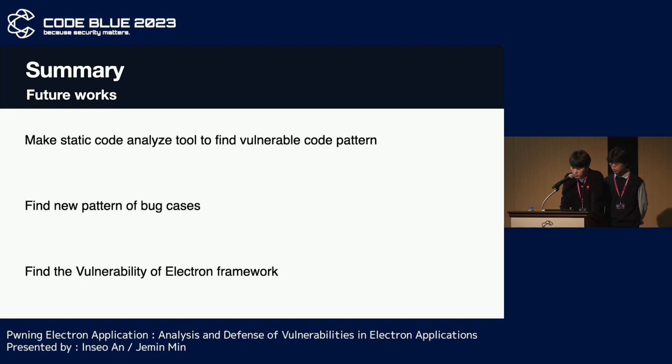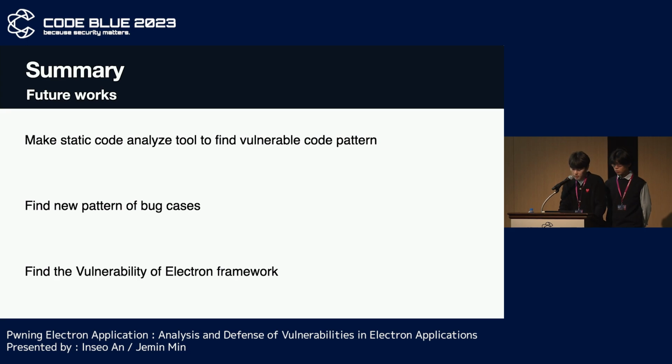I brought some themes for those who plan to work on an Electron themed project. First is a static code analyzer, based on the fact that the source code of Electron apps is white box. It may not be easy due to obfuscation, but it is also meaningful to create a potential vulnerability scanner or an analyzer that companies can use before distributing their apps.